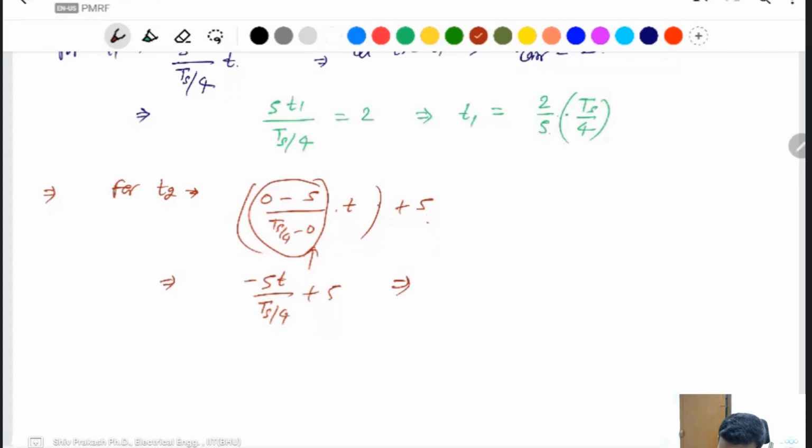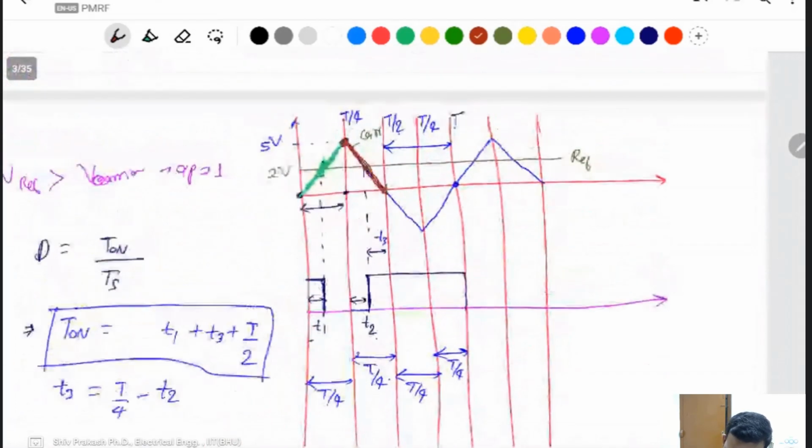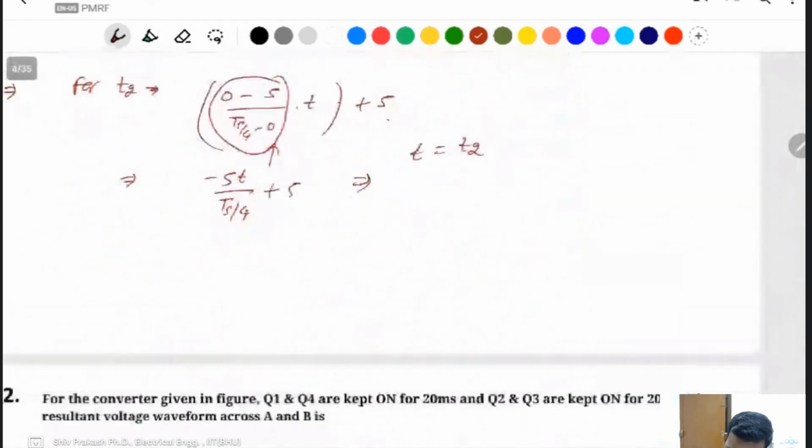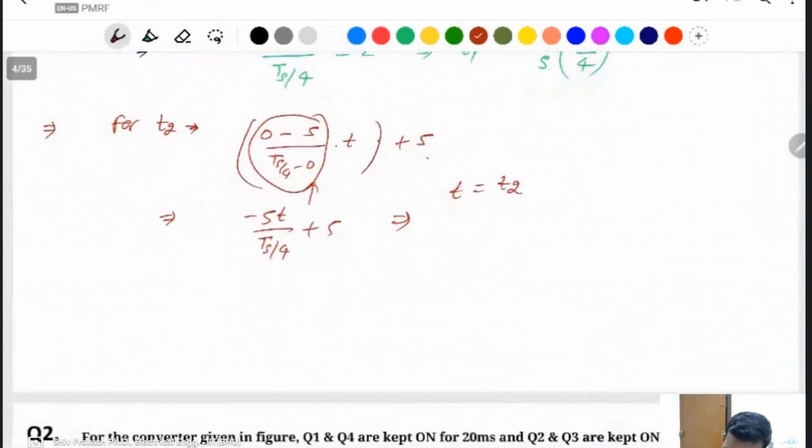Then at t equal to t1, t2, at this time period, the voltage drops from 5 to 2 volts. Then you can take it as t2 equal to t2 minus 5t.